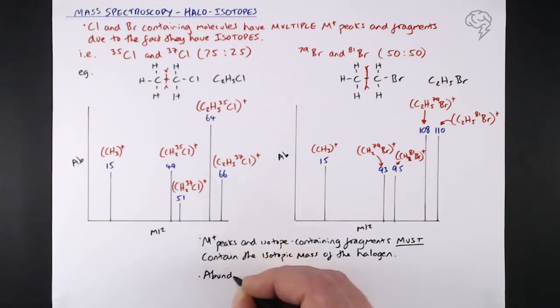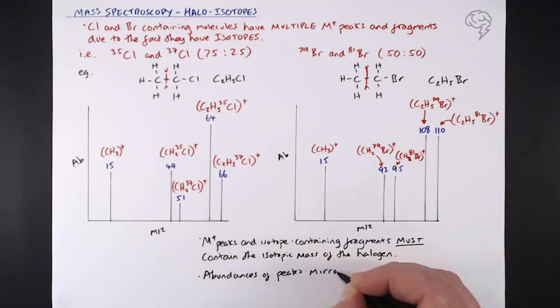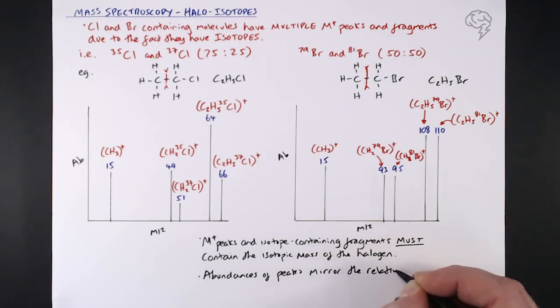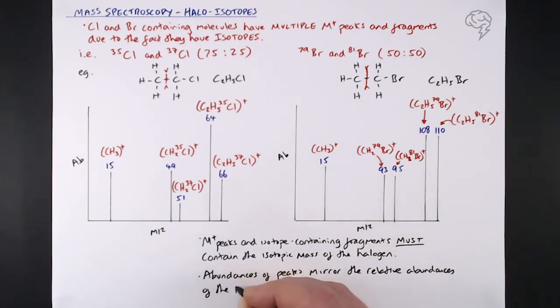The other is that abundances of peaks mirror the relative abundance of the isotopes. So you've got a 75-25 split of chlorine. Any chlorine containing molecular ion peaks or fragments are going to have that ratio as well. Same with bromine, it's a 50-50, bar any of the tiny ones that we've got present.